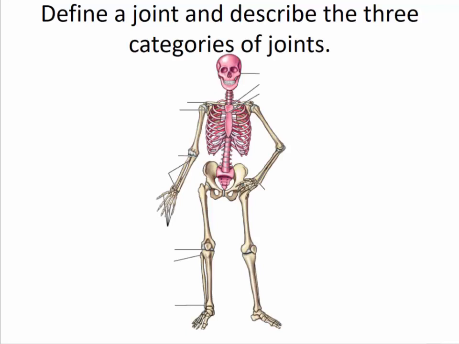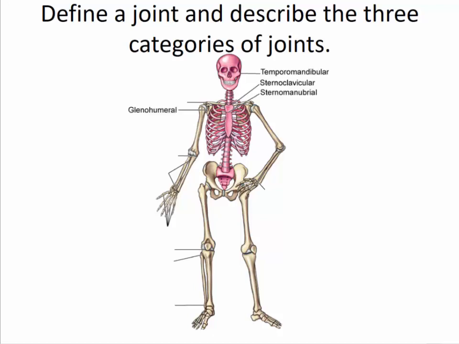When we look at the skeleton overall, there's many joints that you find throughout the body. Oftentimes, the names of those joints are made up of the two names of the bones that are connected to each other. For example, the temporomandibular joint is a joint between the temporal bone and the mandible. The sternoclavicular and the sternomanubrial joints are joints between the sternum and the clavicle, or the sternum and the manubrium.